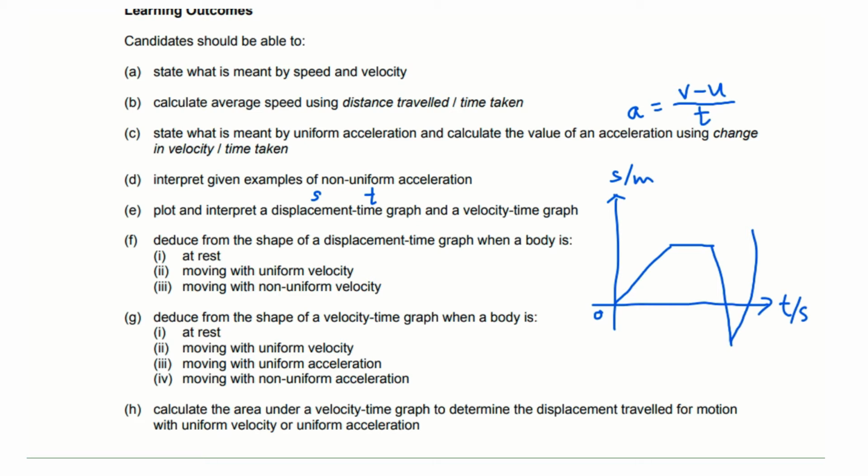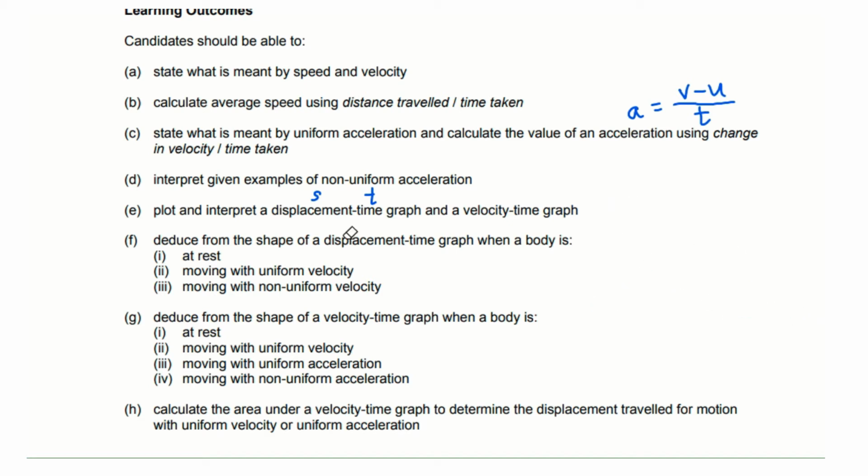Next, I'll erase this away and we will talk about another type of graph. I've talked about the displacement time graph. Next, I want to talk about the velocity time graph. So I will call velocity V and time T. Let's plot a VT graph.